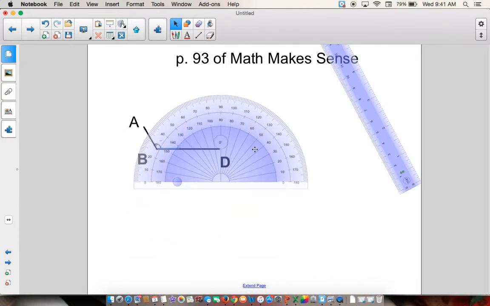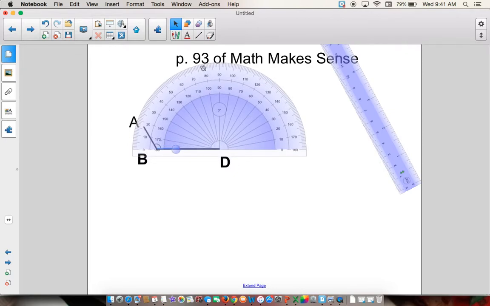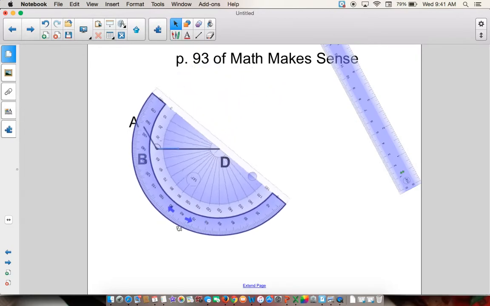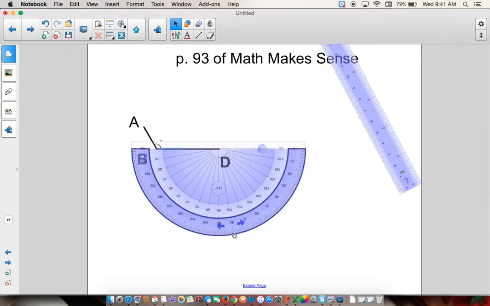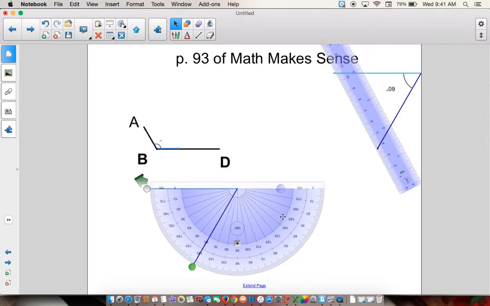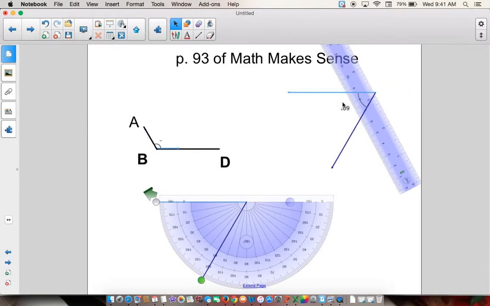Put the center point at where the line D is. Make sure to rotate your protractor. And I want a 60-degree angle. So click on it and drag this back to 60. There we go. Take that out. Move my angle over. Put it on the D point.